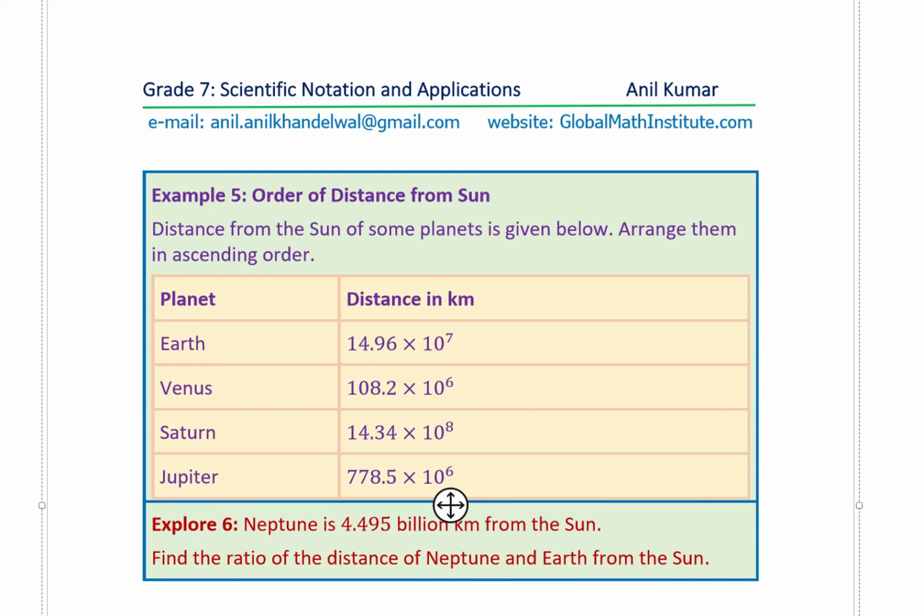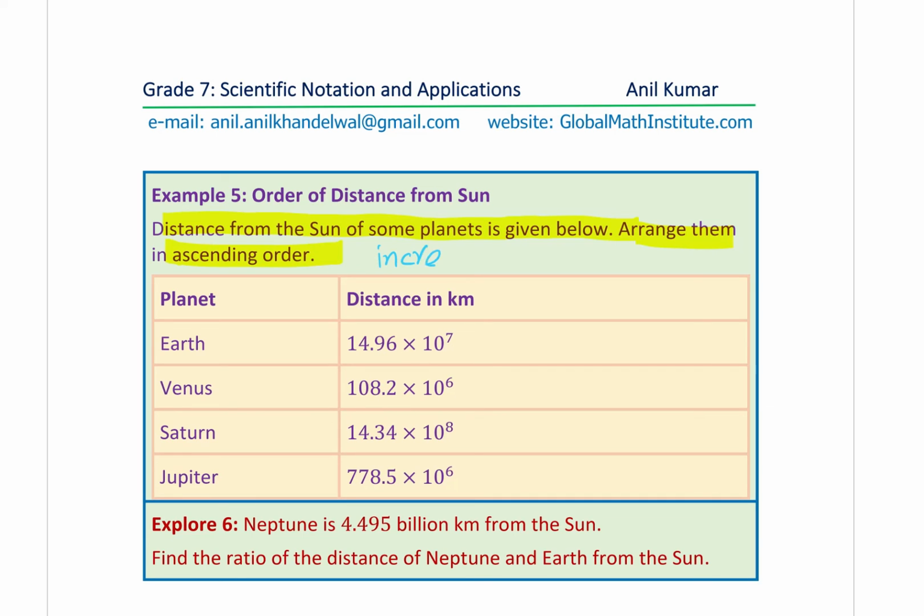The last question for you here is, you need to write them in, this is all given about distance from sun. Okay, so the question here is, distance from the sun of some planets is given below. Arrange them in ascending order. Ascending means, as you understand, increasing order, right? So arrange them in increasing order.